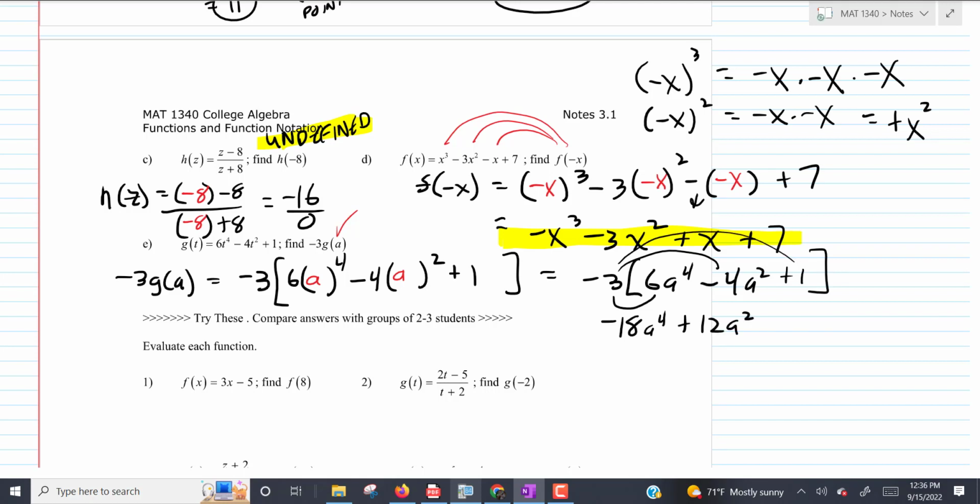And then negative 3 times 1 is minus 3. So this would be your answer to your problem. Now, there's a lot of these things you can do in your head. I mean, you can certainly do the g of a in your head. All that did was just change the t to an a. But that negative 3 is a part of what we were trying to find, so that has to be distributed through that then. Okay? Are we okay?